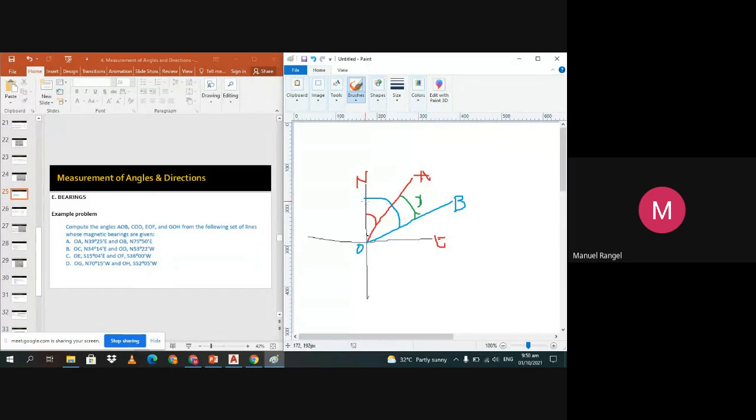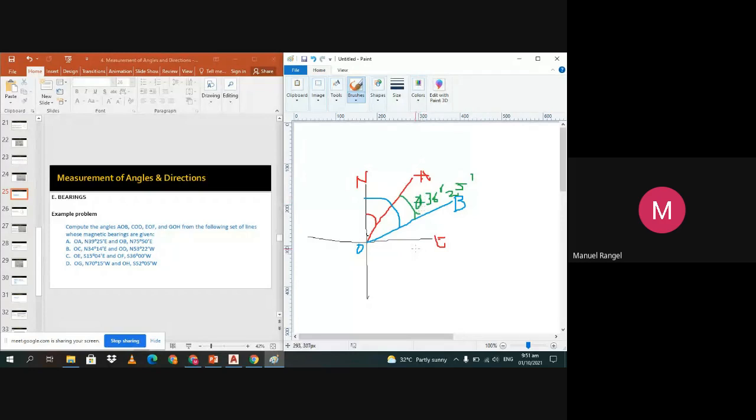So 75 degrees 50 minutes, subtract the angle AO, 39 degrees 25 minutes. So the value would be 36 degrees 25 minutes.